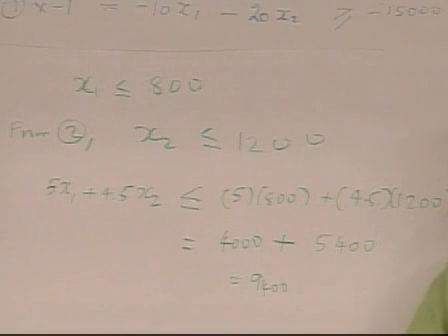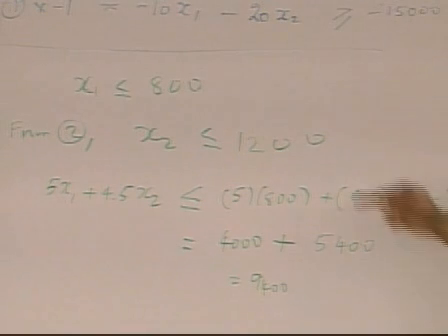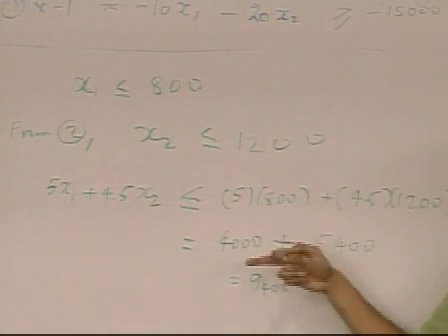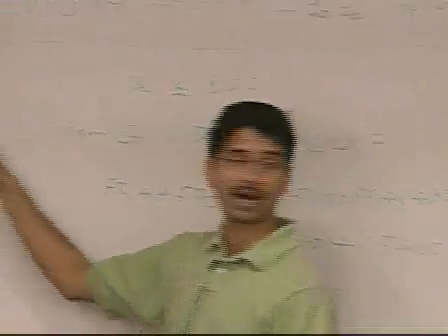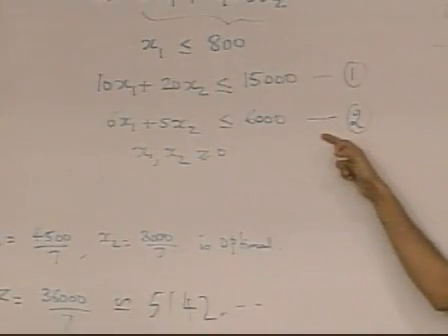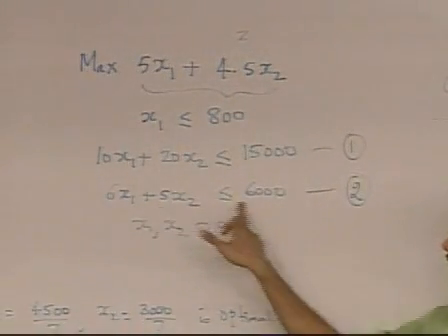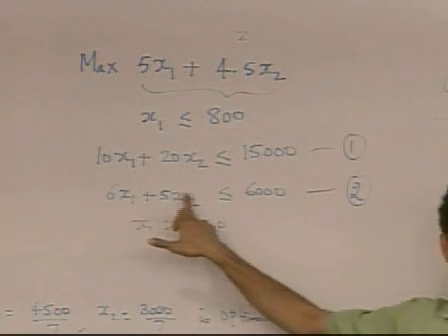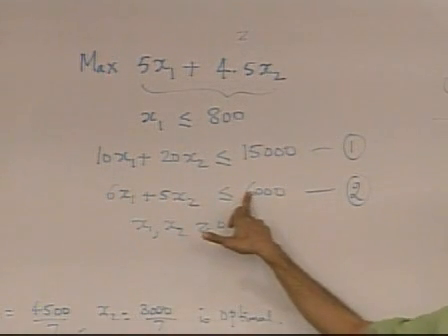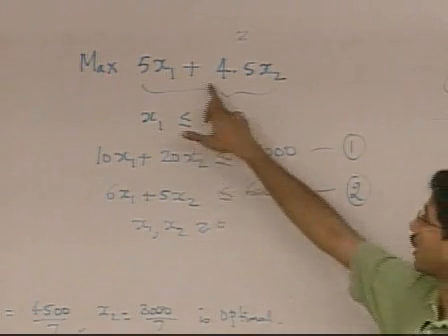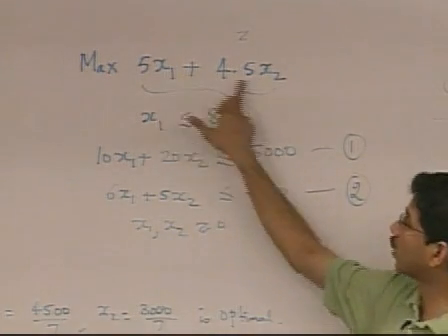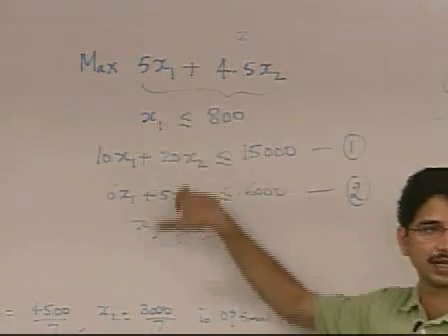And one way of seeing that is exactly what you said, which is we don't have to do these kinds of calculations. Just equation 2 gives us a bound on what is best possible. So we know that if you respect this constraint, 6x1 plus 5x2 is at most 6,000. And we know that our objective function is term-wise dominated by this inequality.